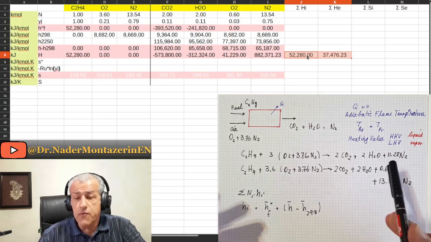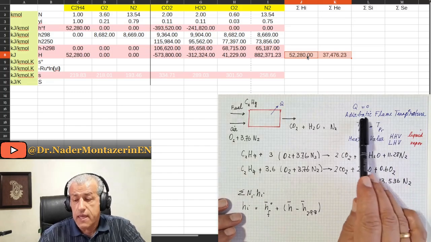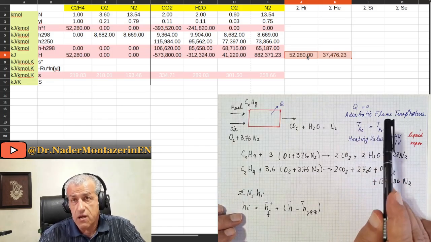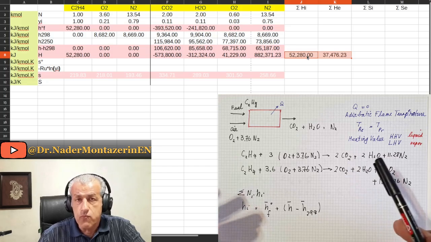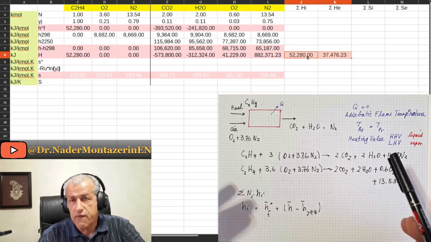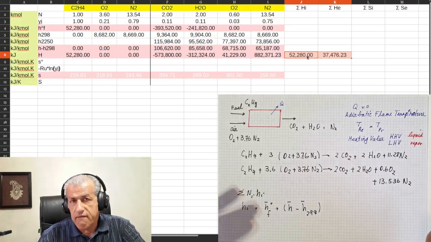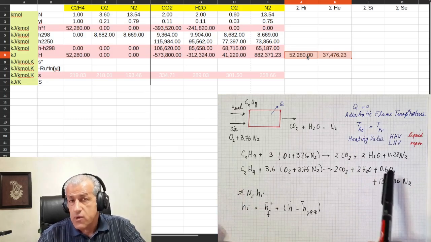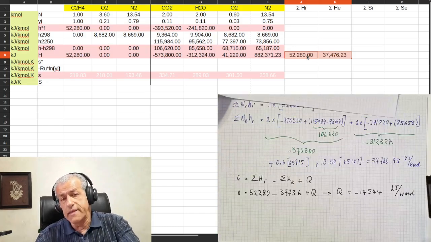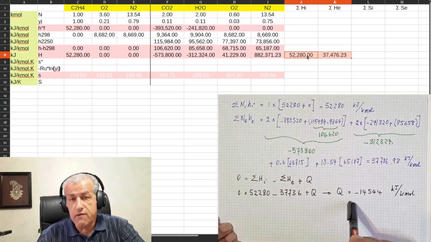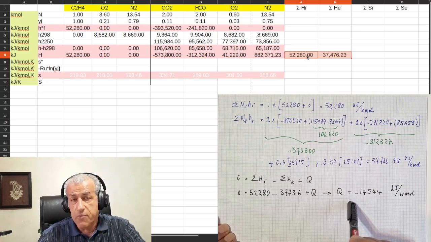So if we want to calculate the adiabatic flame temperature, we should try values more than 2,250, to 2,500 or other values, to get to a condition where Q would be 0, and that would be our adiabatic flame temperature.